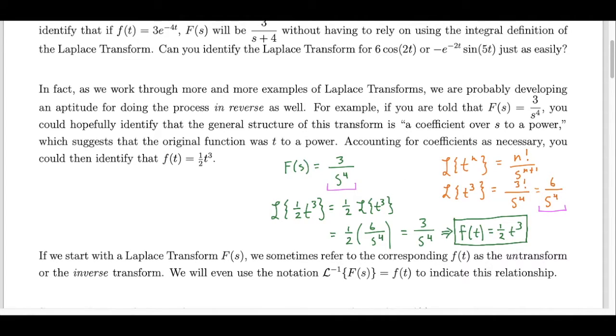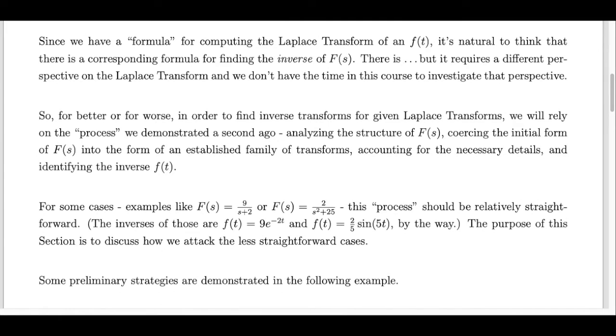So if we start with a transform, a capital F, our goal now becomes to imagine reversing the process to find the untransform, or the inverse transform. We have a formula for enacting the Laplace transform, for going from little f to capital F. So is there a formula for going backwards, from capital F back to the original little f? Yes, there is such a formula, but it's beyond the scope of this class.